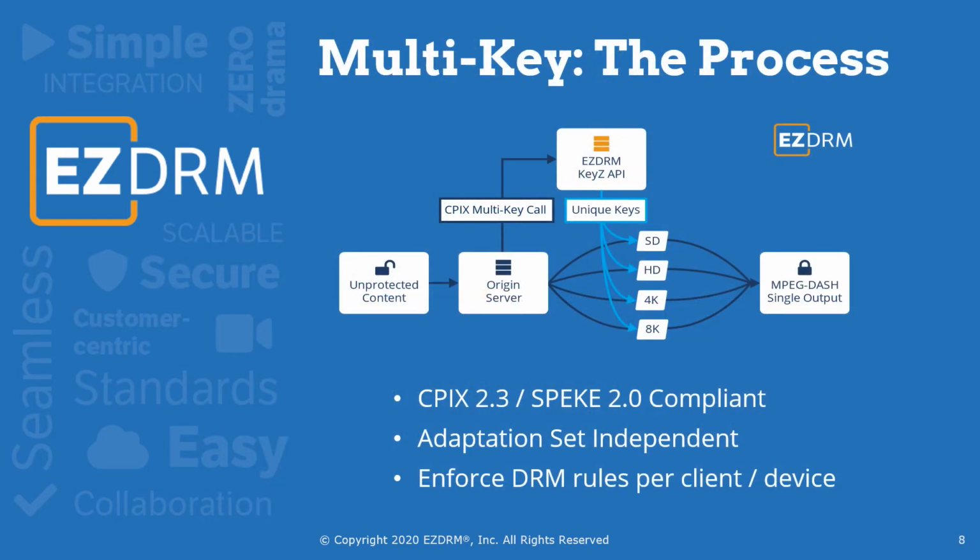In a multi-key, the process is roughly the same, but during the calling for keys, so basically when that unprotected content is coming into the packager, it could be a live stream or a VOD asset, or maybe doing just-in-time packaging, that packager is going to make a call for keys, and we follow both CPIX and SPEKE compliance.